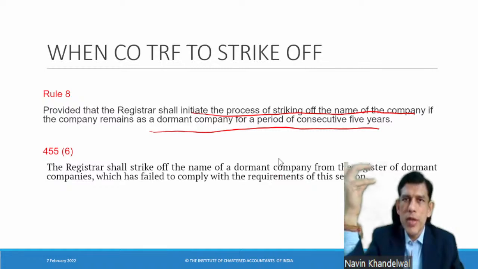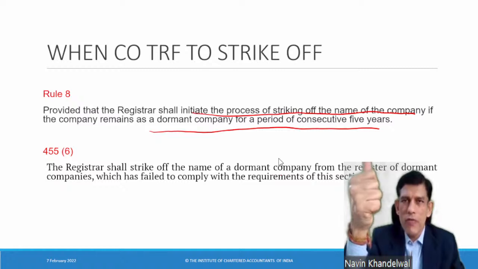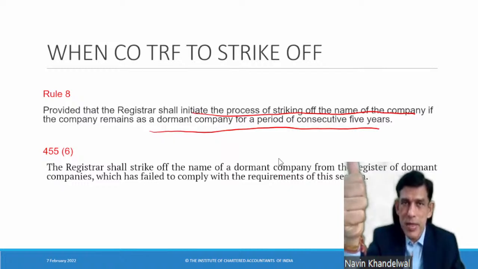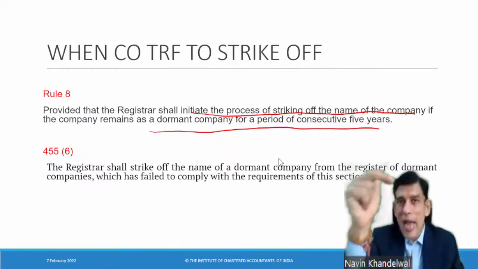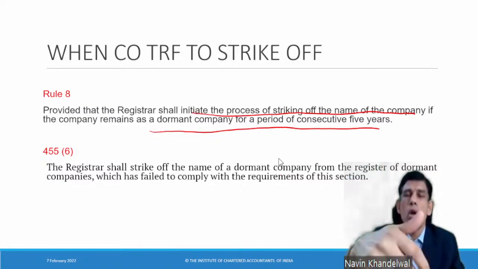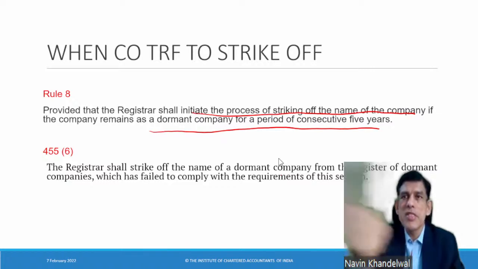So the exam question, if it wants to be complicated, could be framed in such a way. What are the situations where the registrar can classify the company as striked off? Does the registrar have the power to classify the company as striked off or a dormant company? And can the name of the dormant company be striked off from the register?